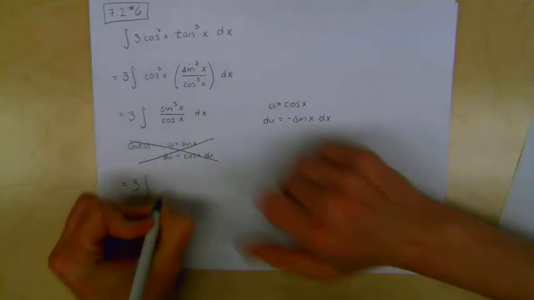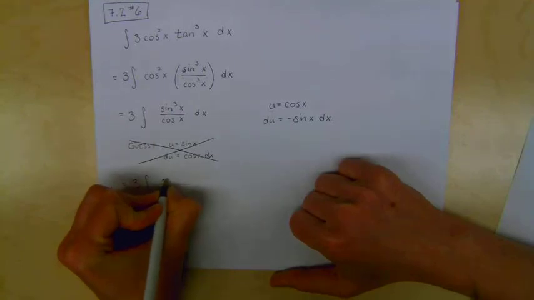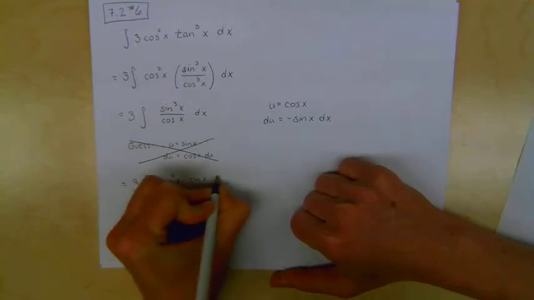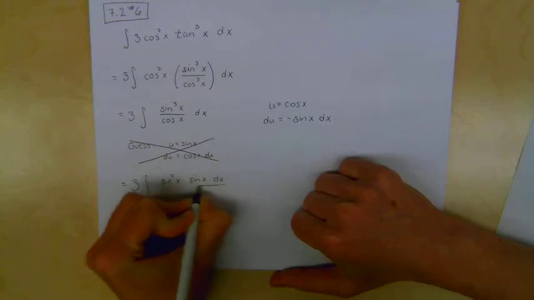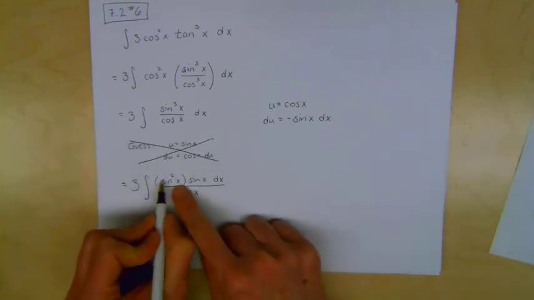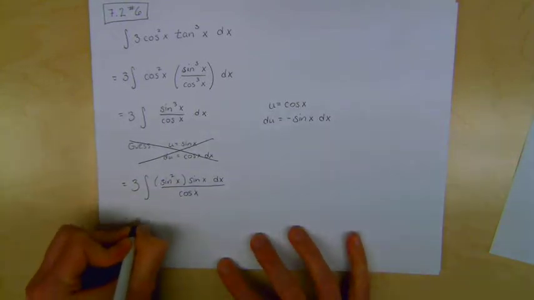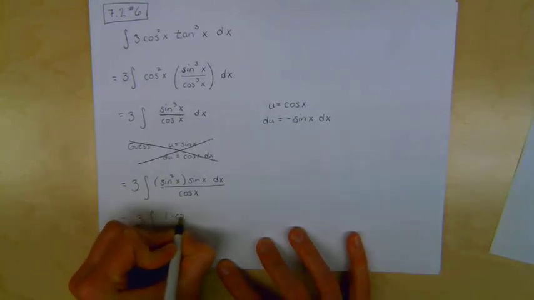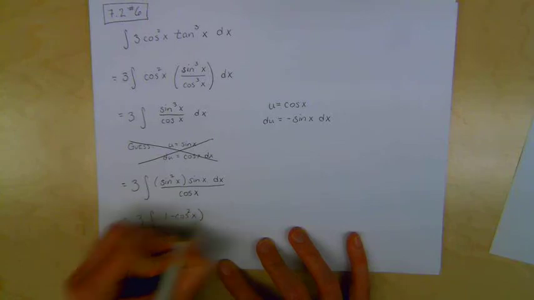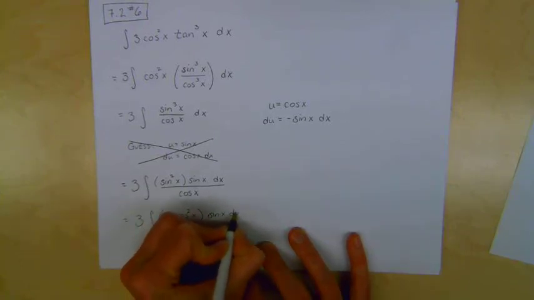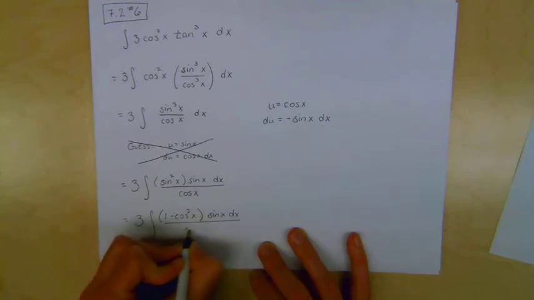I'm going to separate this sine cubed into sine squared x times sine of x dx, all divided by cosine of x. And I'm doing this for clarity's sake, because this sine squared x can become 1 minus cosine squared x, times sine of x dx, all divided by cosine x.